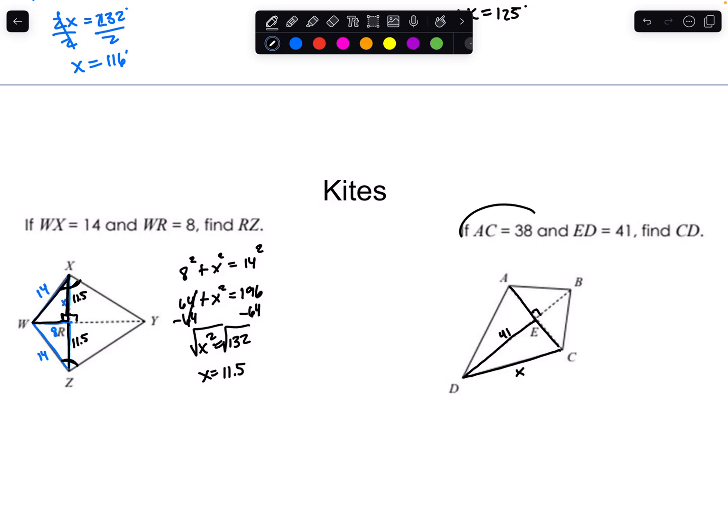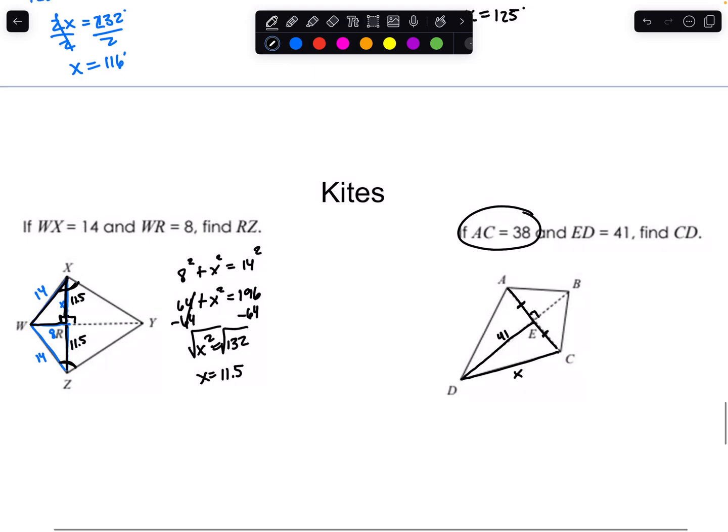Now, since the full length AC is 38, I can cut it into two equal parts. I can say 38 divided by 2, and that gives me 19. And now I can just focus on this right triangle. I'll highlight it. I cut the 38 in half because the diagonals are perpendicular and it bisects that line, making them both 19.